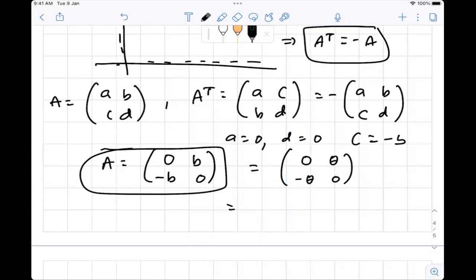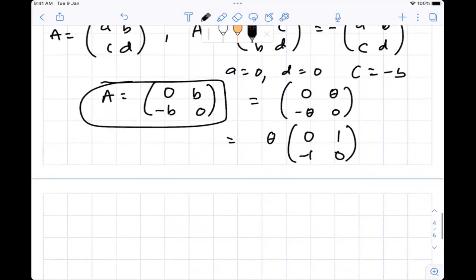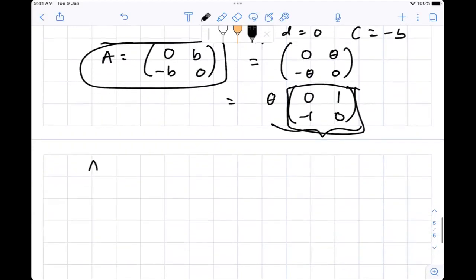I'll take theta outside: 0, 1, -1, 0. This is called the generator. So now I've written A is equal to theta times, let's say this is J. So this is a generator of rotation.